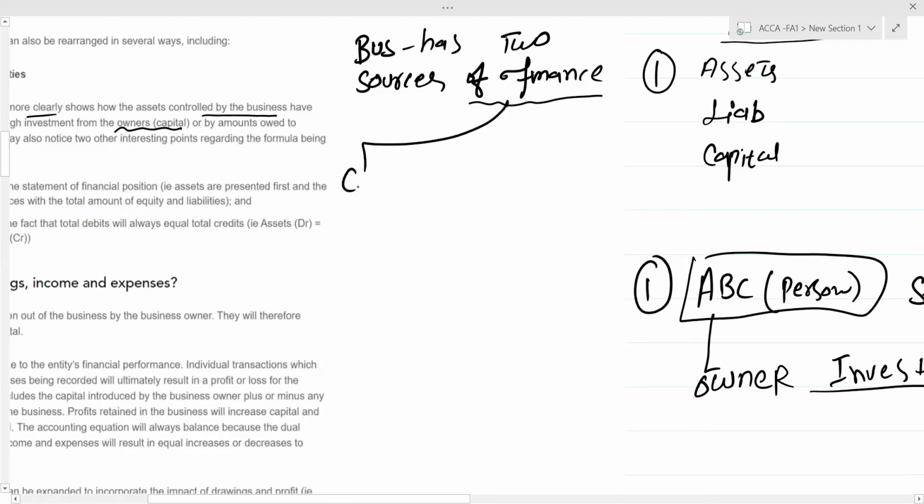Either it will be capital or it will be debt, a liability.